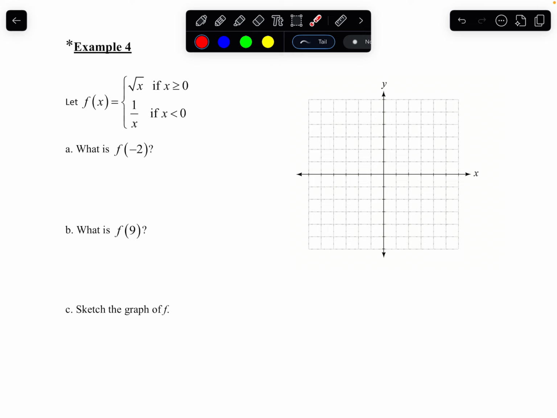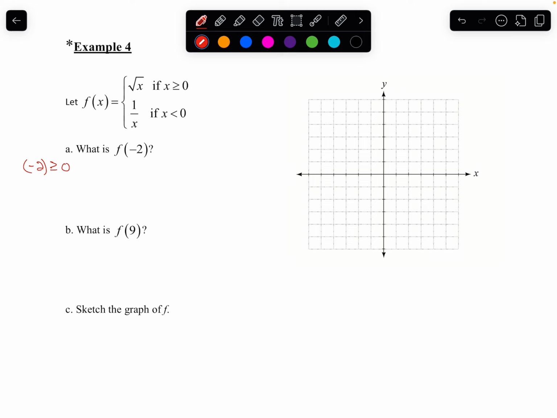So looking at the if statements is going to tell us which one it belongs to. I always look at that inequality, plugging this -2 into each of the inequalities and finding if it's true or false. If -2 is greater than or equal to 0, if that's true, then that's the formula for it.